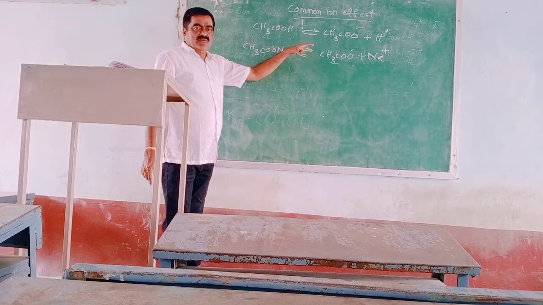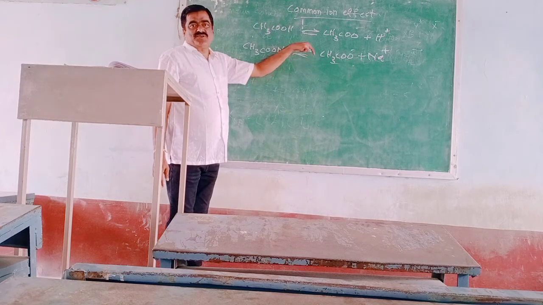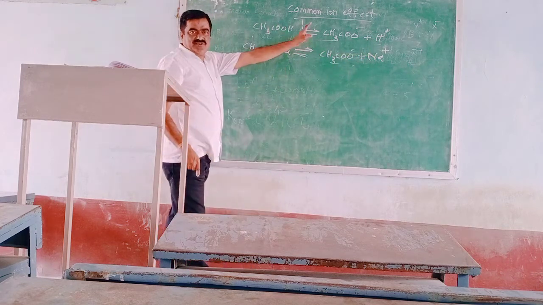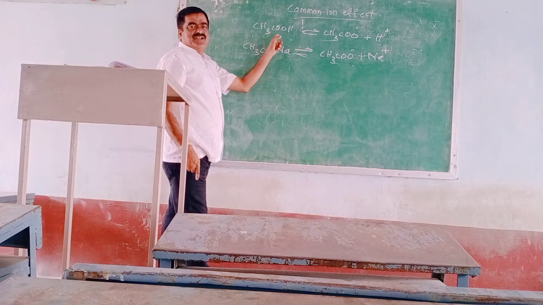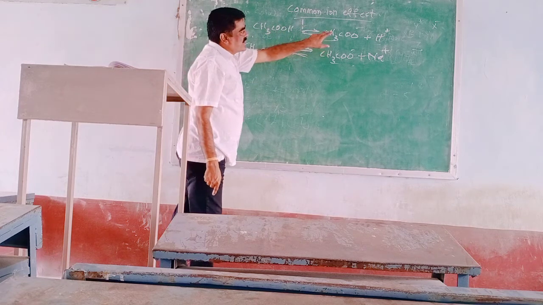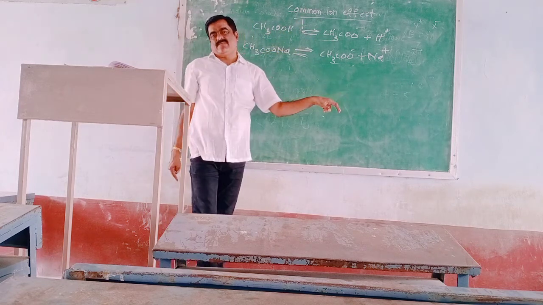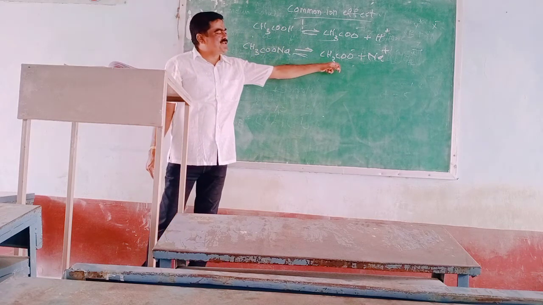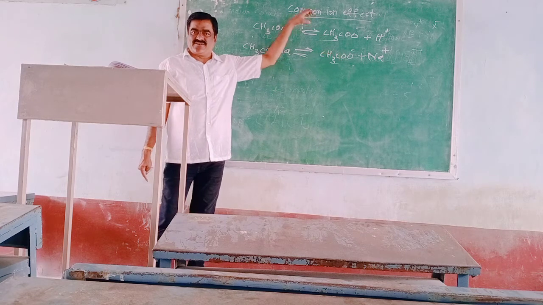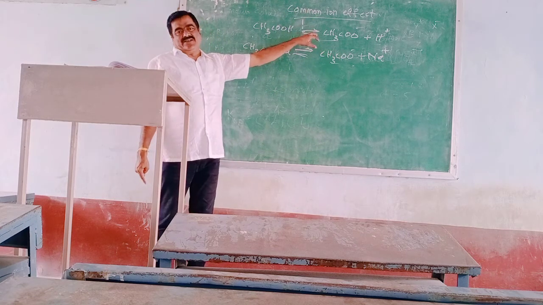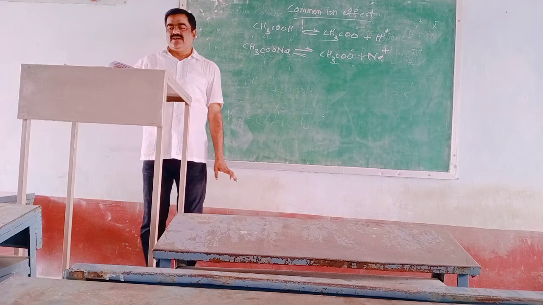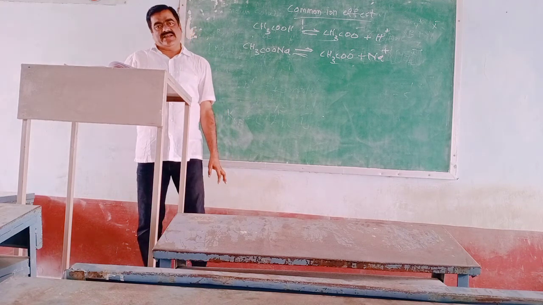When this is present in that solution, the reaction will be reversed to form CH3COOH. Means that the dissociation is suppressed due to the concentration of CH3COO-. That is the common ion in both the acid as well as its salt. That is the common ion effect. We'll see the next chapter.